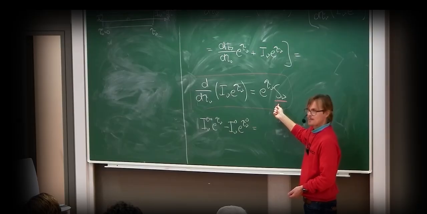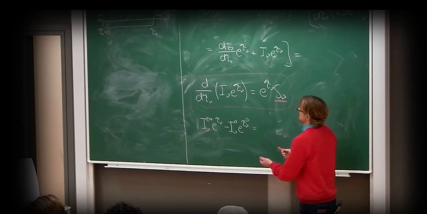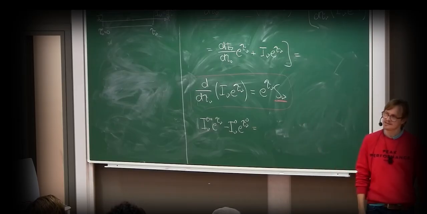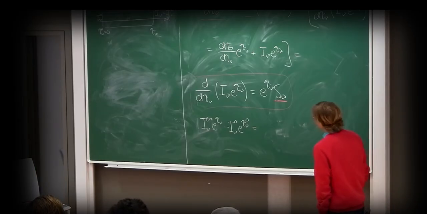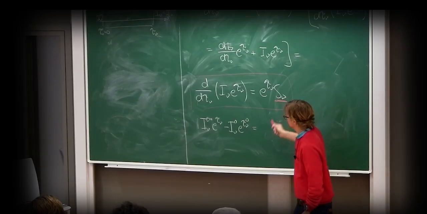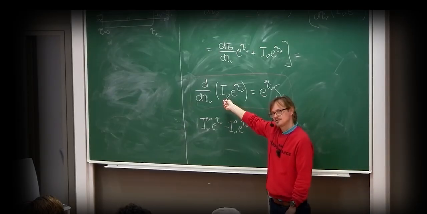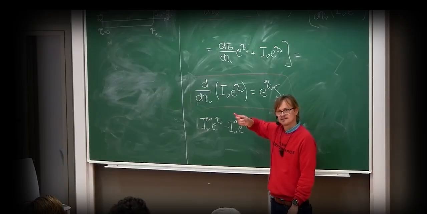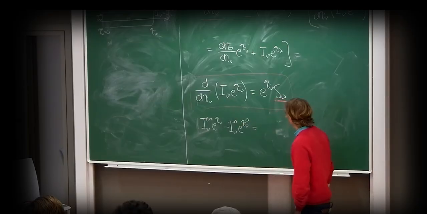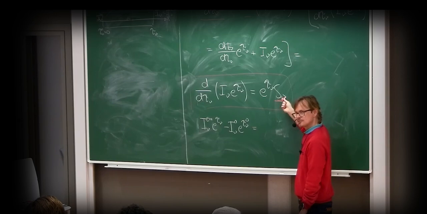Now, sometimes, as I already mentioned, things can get even more complicated if S nu is not just a function of the optical depth, but also of the intensity itself, or the mean intensity that we defined, J nu. Then, of course, you can't really solve this directly.